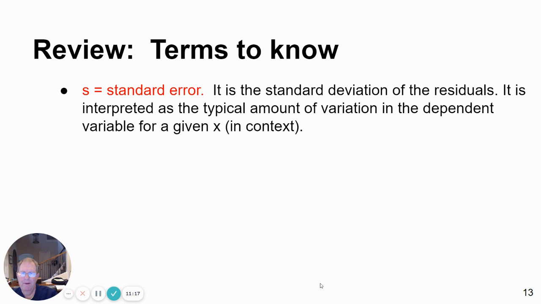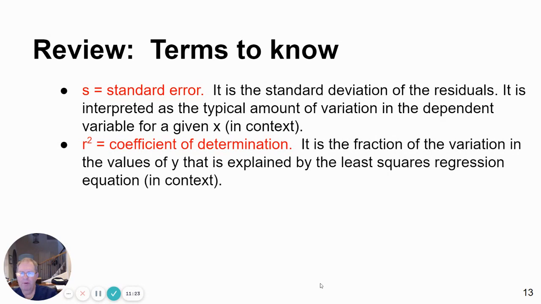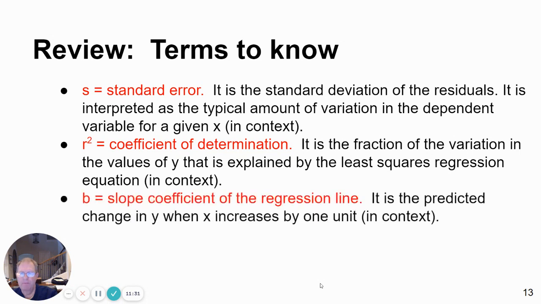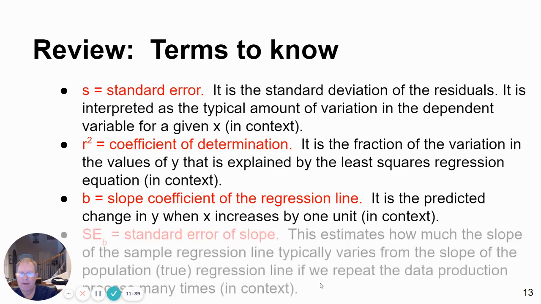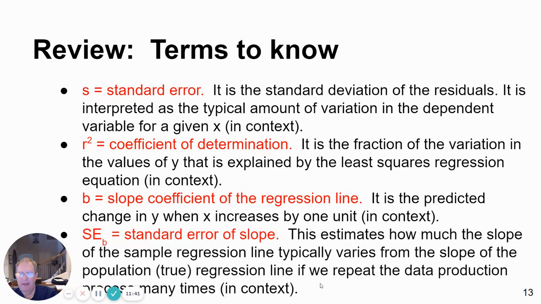Terms to know: you should know s, the standard error. You need to know r squared, the coefficient of determination, and how to interpret it. You need to know b, the slope coefficient of the regression line, and how to interpret it. You need to know the standard error of the slope coefficient and how to interpret it.